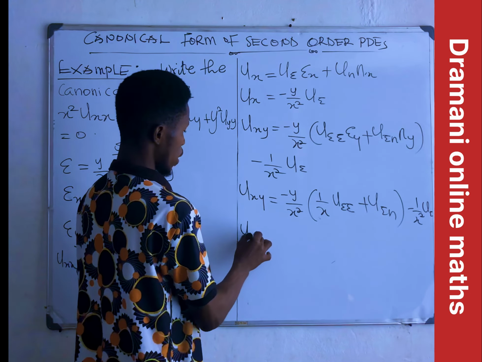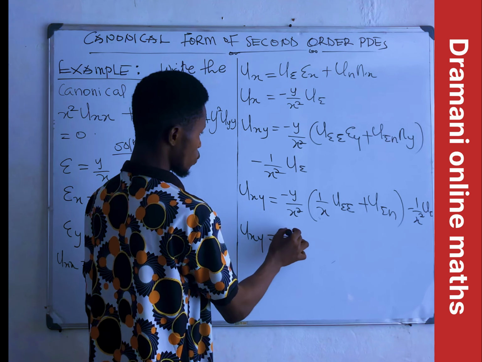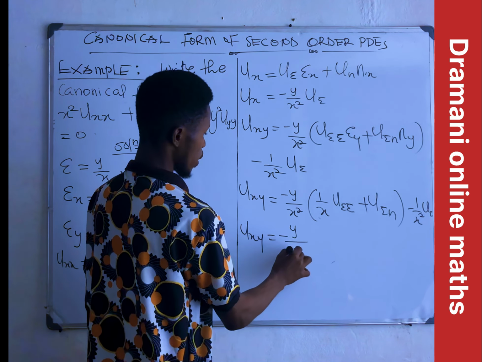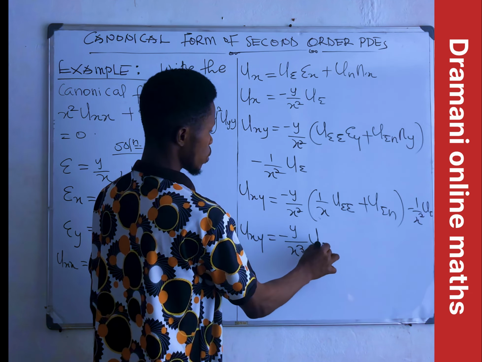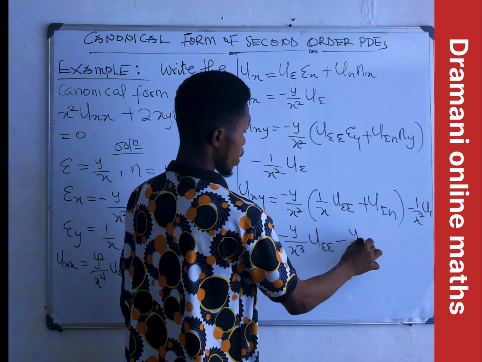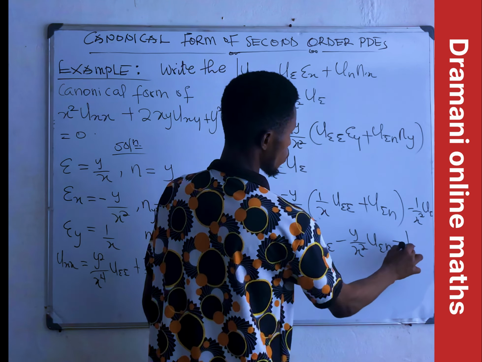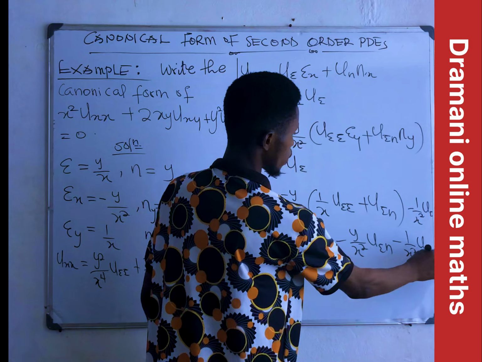So now uxy, if I multiply this one by this, I have negative y over x cubed u xi xi minus y over x squared u xi eta minus 1 over x squared u xi.